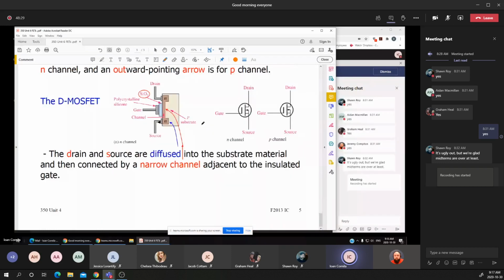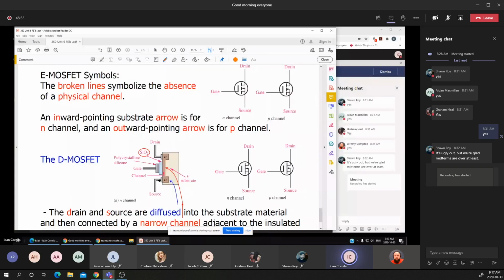Now we may see some other types of MOSFET technology. You may see a V MOSFET or a T MOSFET.